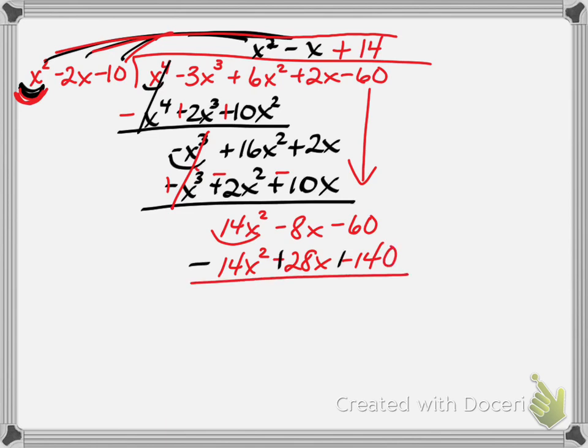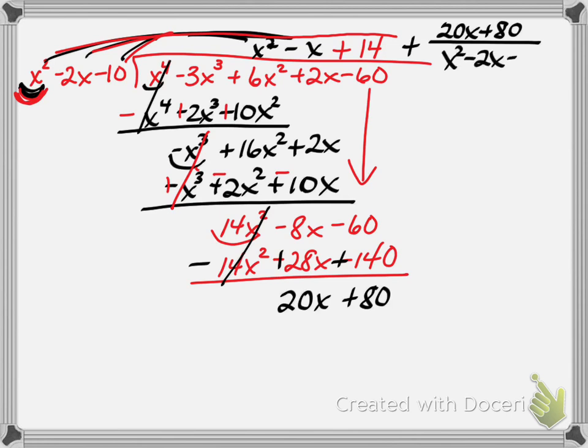Change the signs. That cancels every time. 20x plus 80. So that's our remainder. Plus 20x plus 80 over x squared minus 2x. Ooh, I made a mistake somewhere. I forgot we weren't supposed to have a remainder. That was supposed to go evenly.